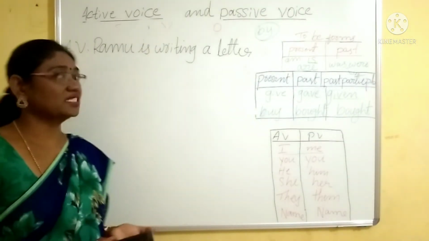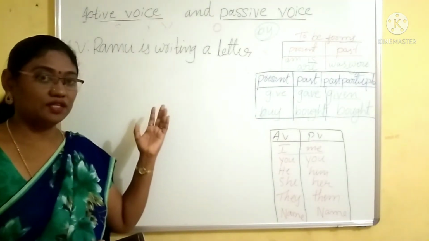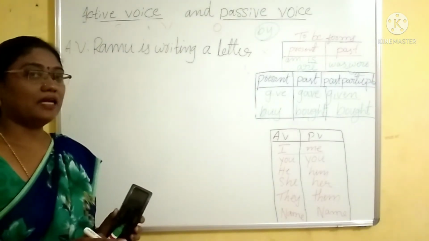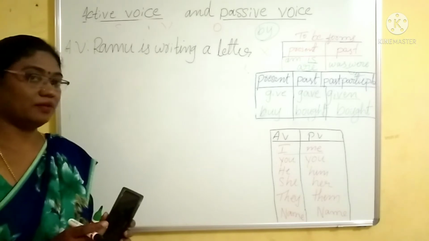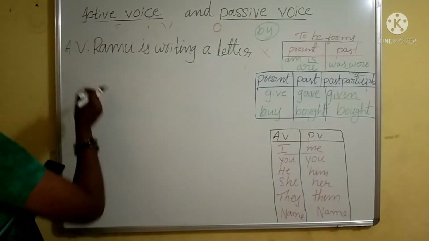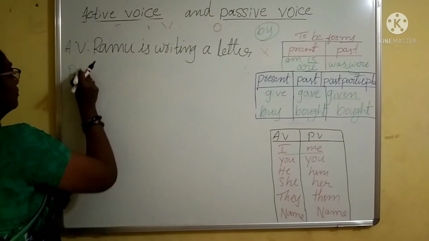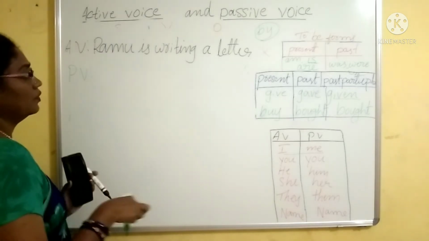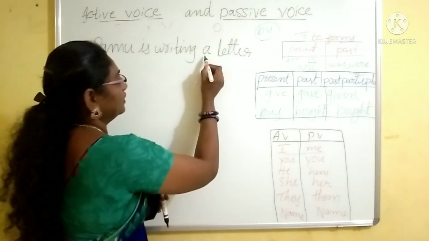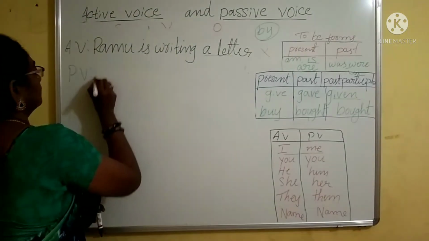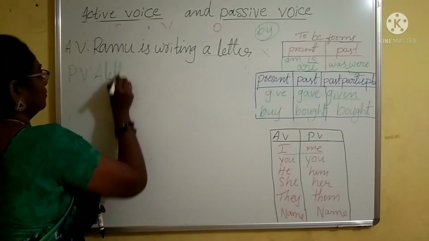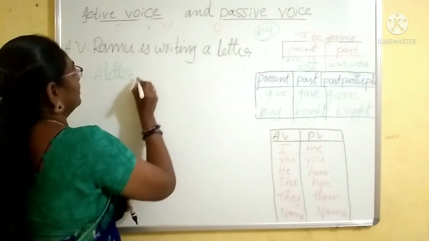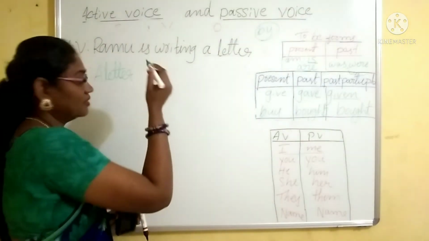Then how do we change this sentence into passive voice? The same steps are followed, and a few small changes take place. Passive voice. As usual, what do we write first? The object. A letter is. We write the is as it is.